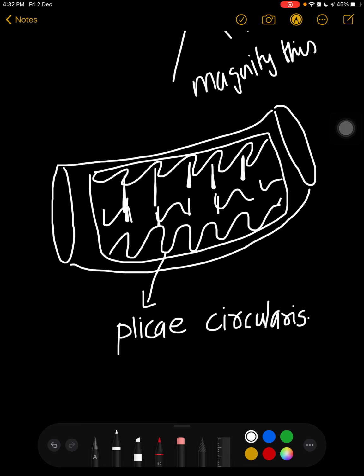Okay, there are some foldings in the duodenum which are known as plicae circulares. Let me explain you.